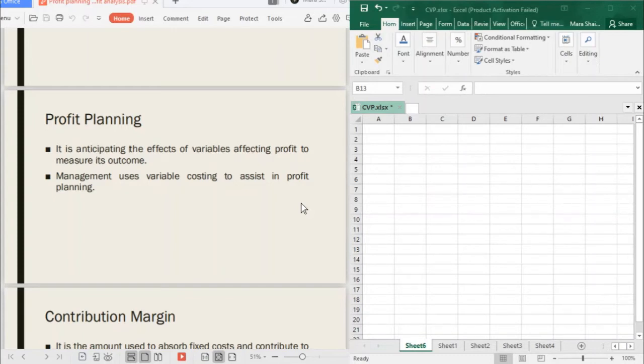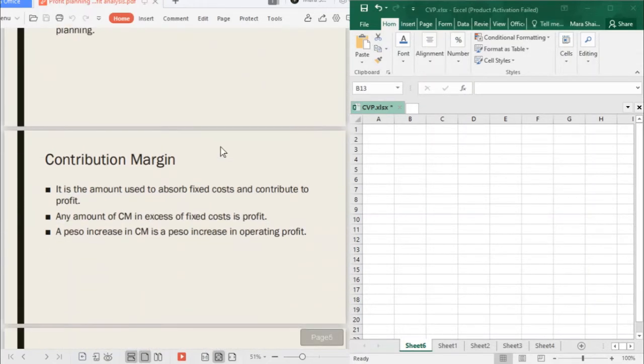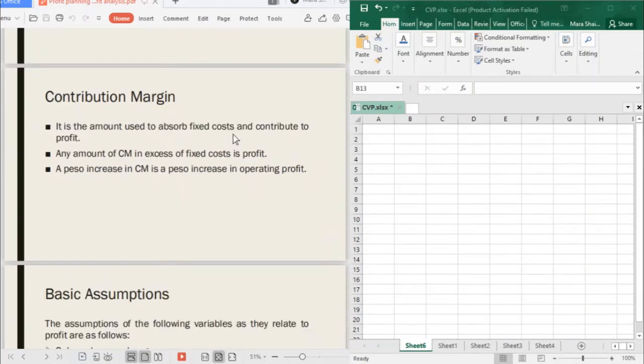Now, given that you already know how to identify the variable costs and the fixed costs, let's talk about the other factors that affect your profit. So we have here the contribution margin.